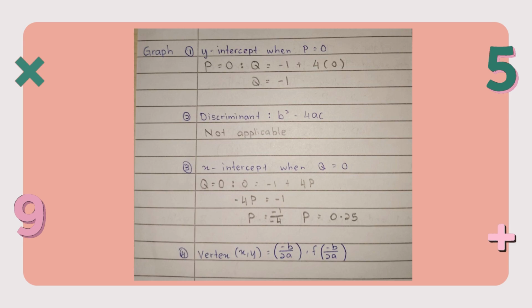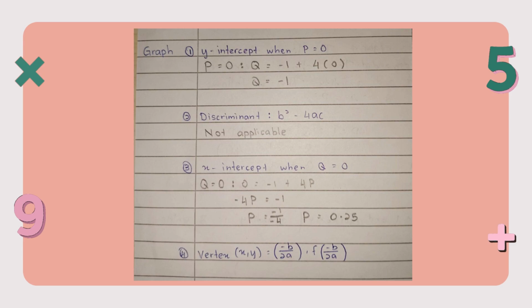To draw a graph, we should determine the variables that we are going to plot on the y and x-axis. Firstly, to find the y-intercept, we should make p equal to 0, where we will get Q equals -1. Discriminant is not applicable for a linear equation.